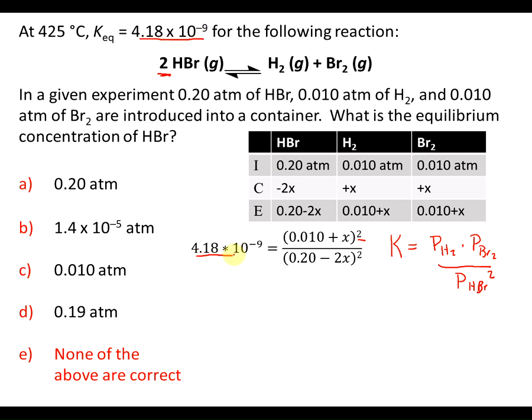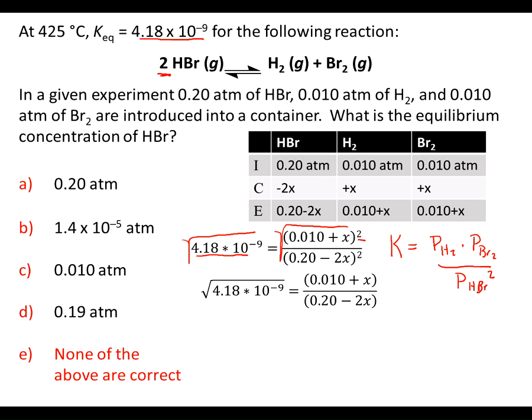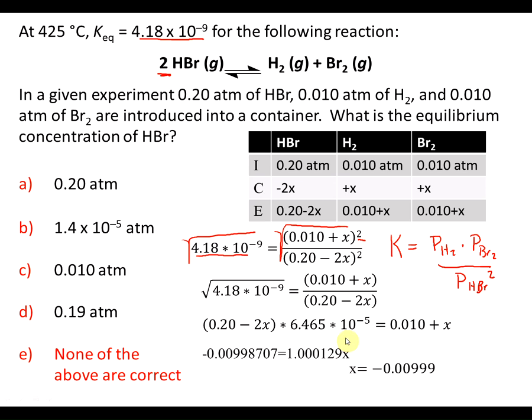So now I need to just start solving for x. What's going to make my life easier is if I just take the square root of both sides. So there's where I start taking the square root. And then as I start doing the algebra, I get an x value of minus 0.00999.